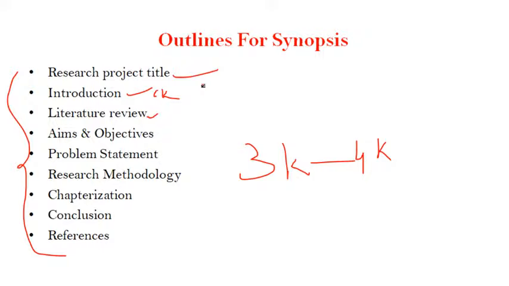Under the literature review, we summarize the published literature of previous research, which includes journals, papers, and other academic documentation, both primary and secondary data, all things related to your research title.